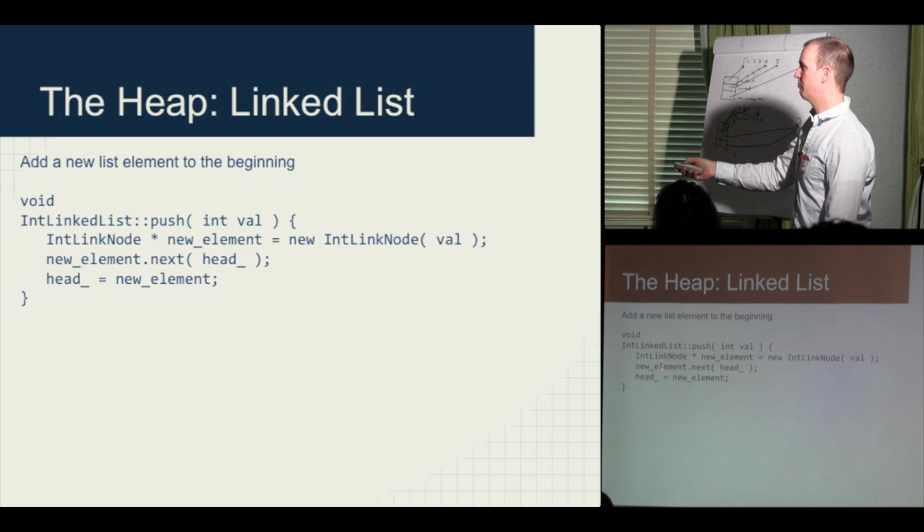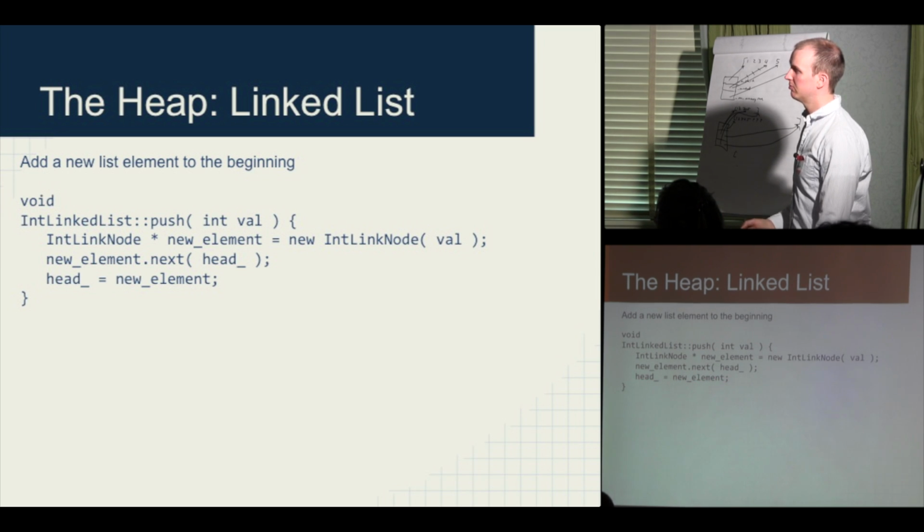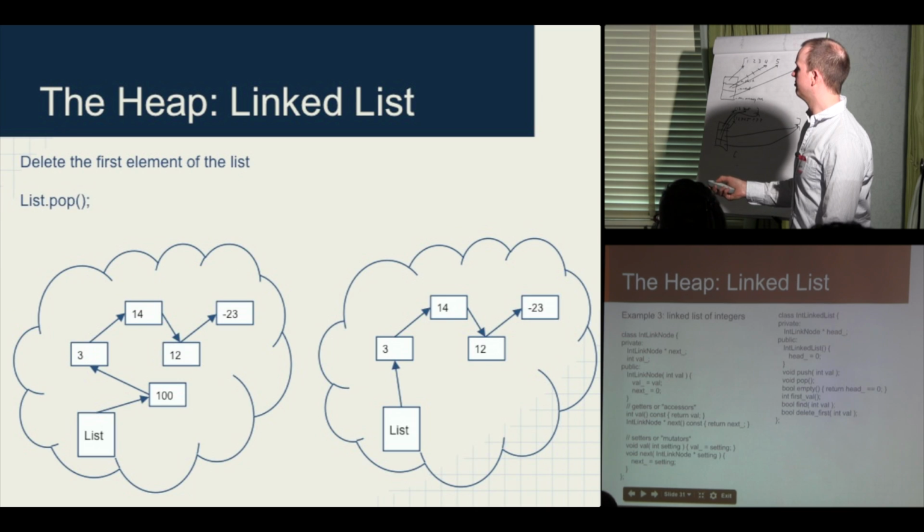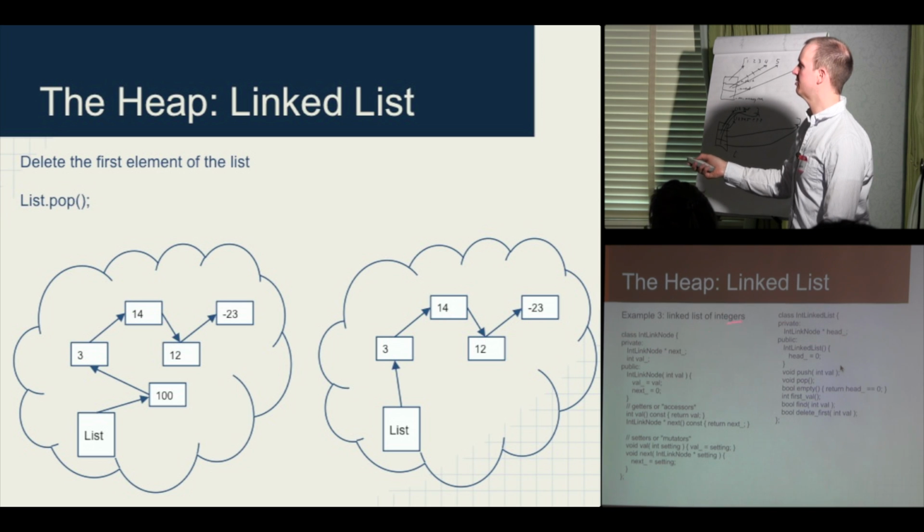And then I'm going to say the next value for this new element should be where 3 is. Head already points at 3, so I'm going to assign this element the value head. And then I'm going to set head to stop pointing at 3 and start pointing at this new element. Where is head? Head is a data member of the linked list, so it points to the first node in this list. Oh, okay.